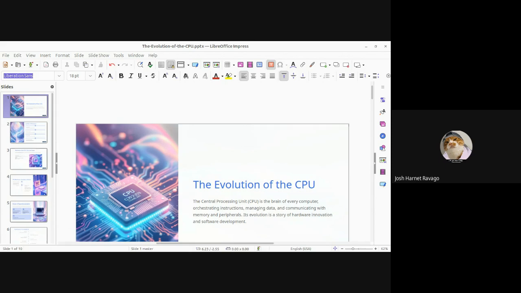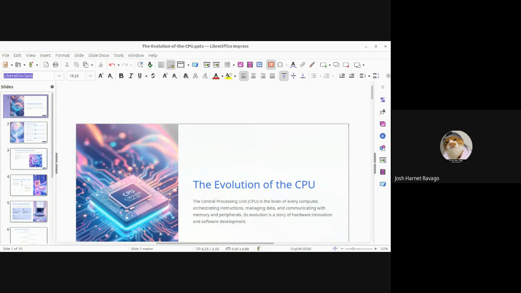So let's go for the first one, which is the mechanics of the CPU, the core engine. CPU mechanics define its internal structure, how it processes instructions, and its interaction with memory and peripherals through a fetch-decode-execute cycle.